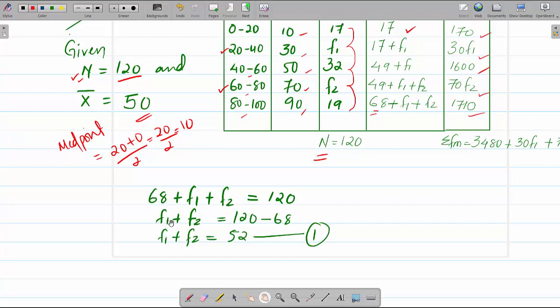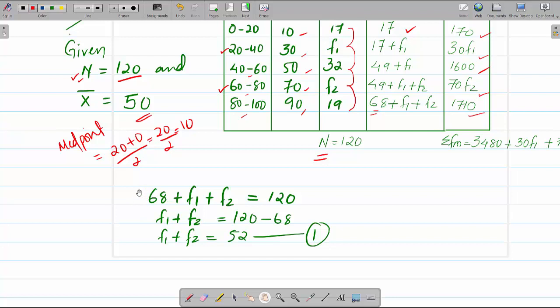So F1 plus F2 is equal to, now there is no F1 here, so what you can do is take this 68 value to the other side. All the variables go on one side, and the numbers go on the other side. You remember in maths, if we move it to the other side, we have to change the sign, right?